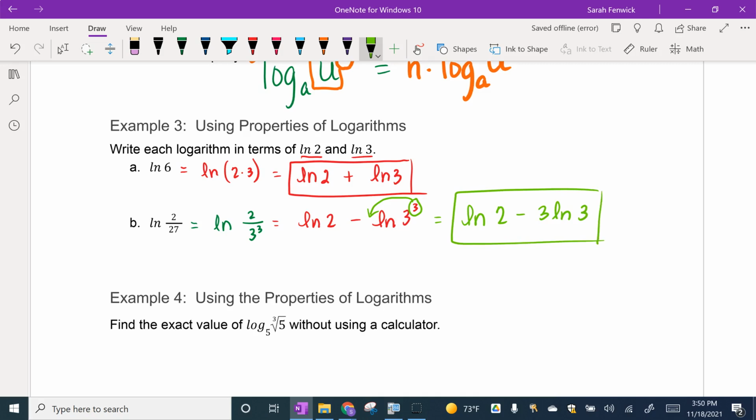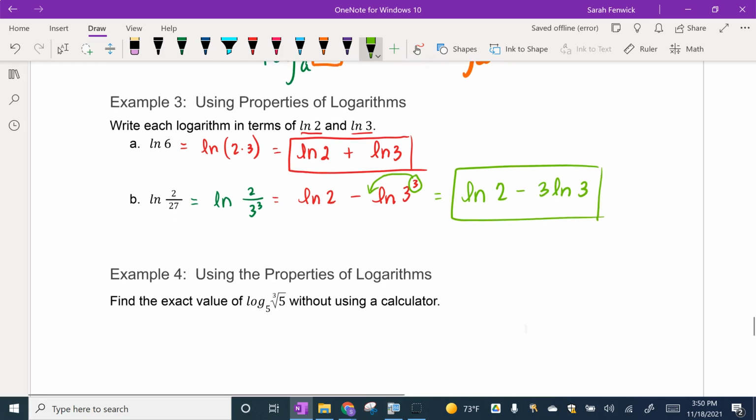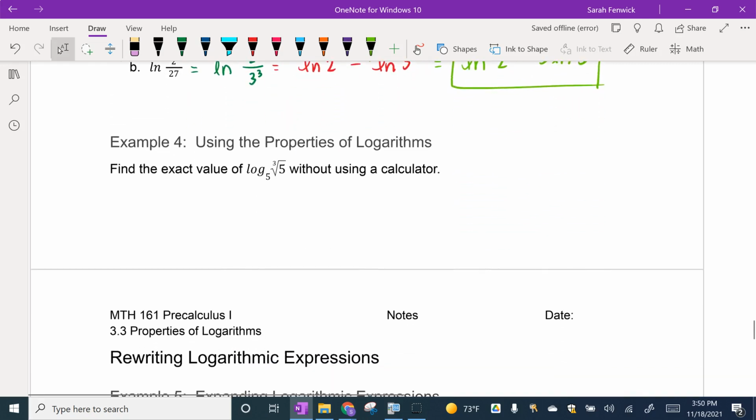All right. The next one, example 4, using the properties. Let's say we want to find the exact value of this log without using a calculator. So log base 5 of the cubed root of 5.